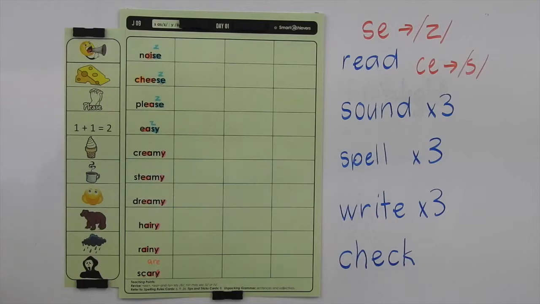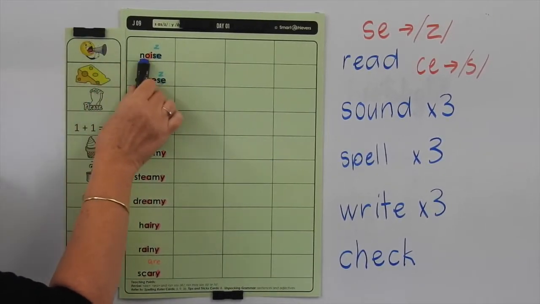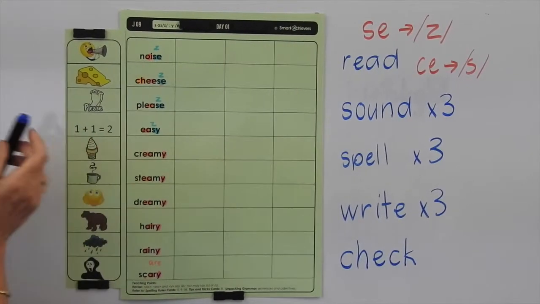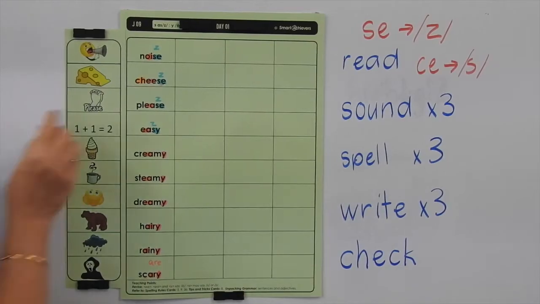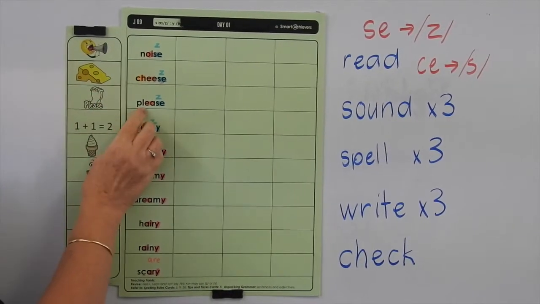Okay, let's read these words and have a look at what they mean. So when you have a lot of noise, it's a lot of sound, so that's where we use the word noise. It means sound. Cheese is something that we can eat. It's a dairy product.